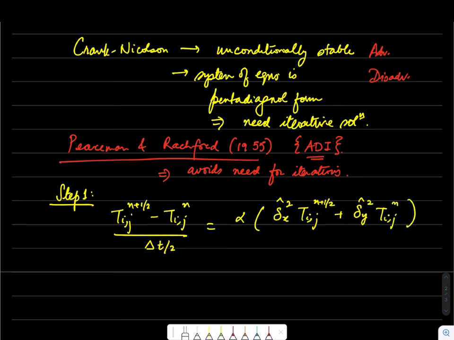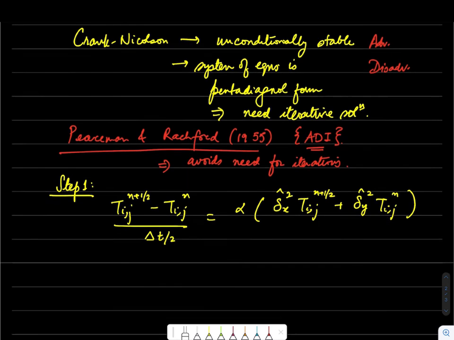Now by marching in half a time step, we are only computing T i j at n plus half from the x derivatives. The y derivatives are assumed to have temperatures from the last time step.